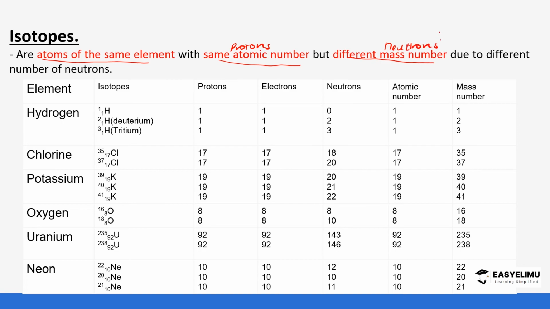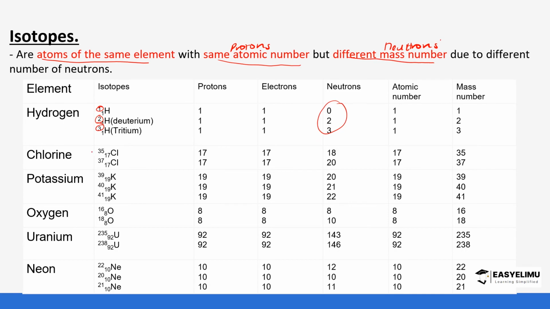If you look at the examples given, an example of an isotope is hydrogen. You can see hydrogen exists in three ways. So this is how they exist on the Earth's surface. So we have hydrogen, deuterium, and tritium. You can see the mass numbers are different because of the number of neutrons.